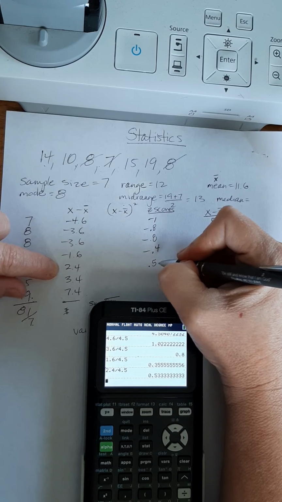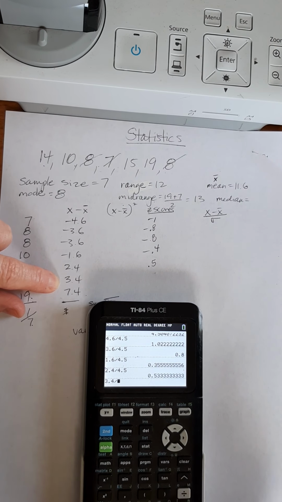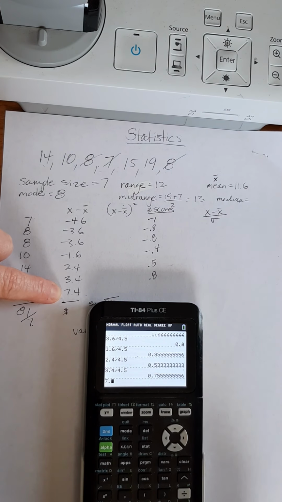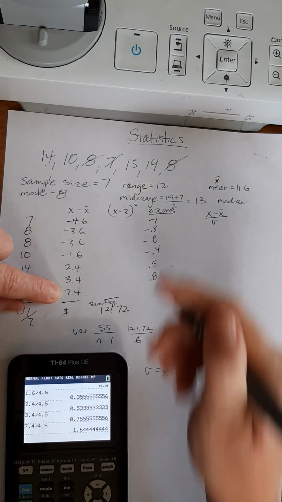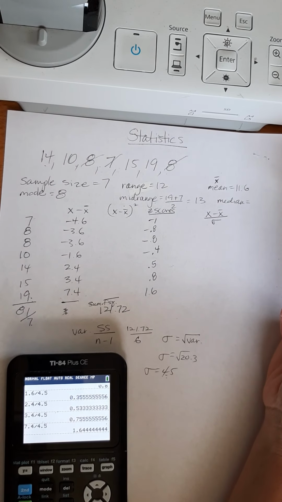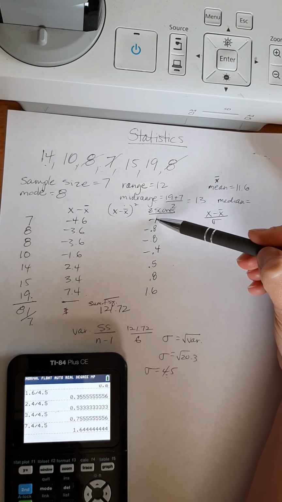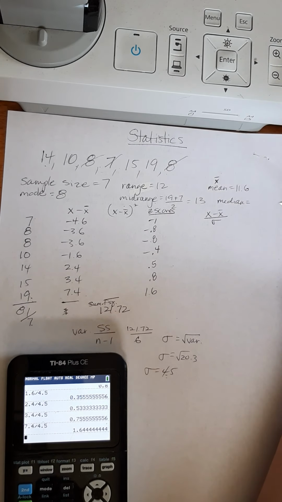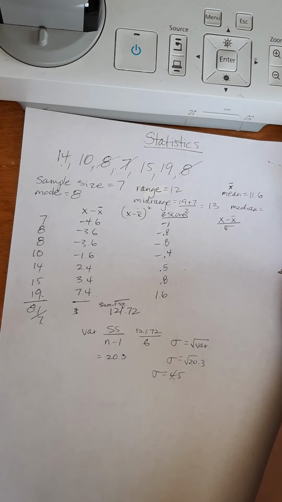Positive 0.5. As you can see, it's tedious, but it's not hard. It's just you've never done it before. So 3.4 divided by 4.5, and 7.4 divided by 4.5. Notice how, of course, the ones that were below the average have negative z-scores. The ones above the average have positive z-scores.